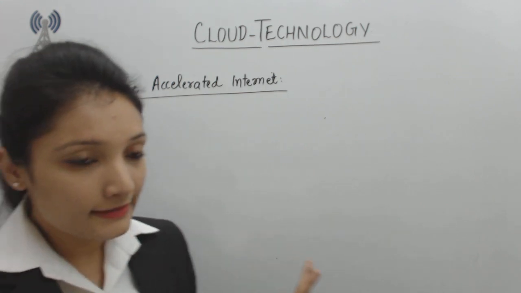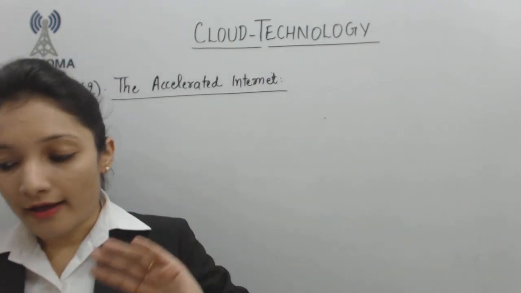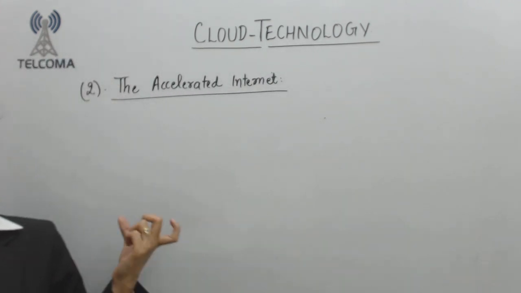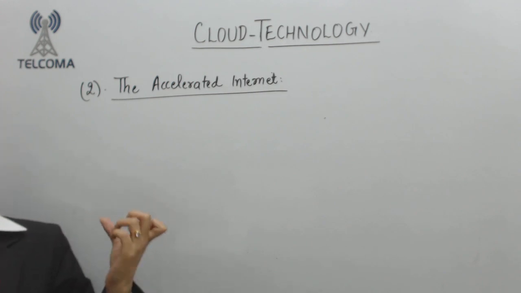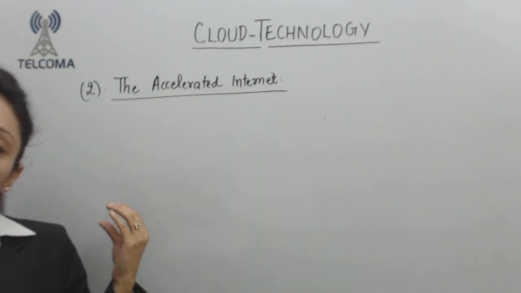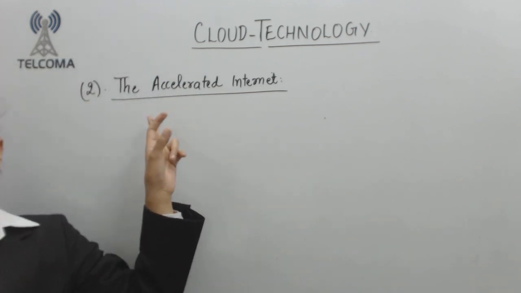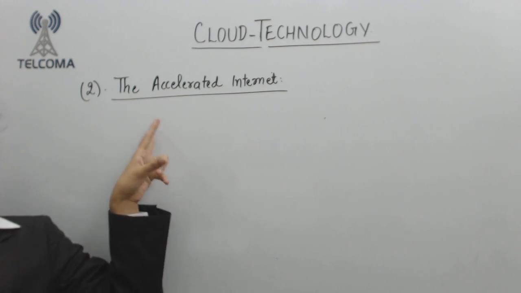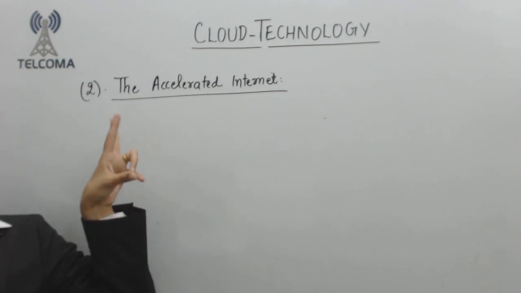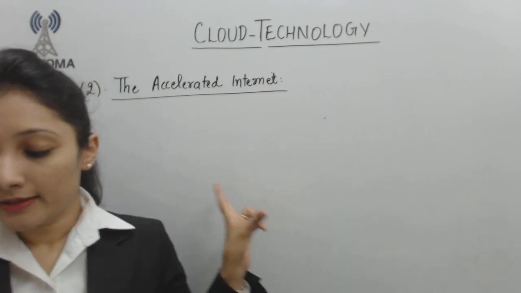Now, what does this accelerated internet refer to? This is basically employing advanced application delivery features on top of your internet connections so that it can benefit the service provider and the client also. That's why we are seeing here it is an accelerated internet, because we are using some of the advanced applications for the delivery feature, that means for the connectivity on top of your internet connection.